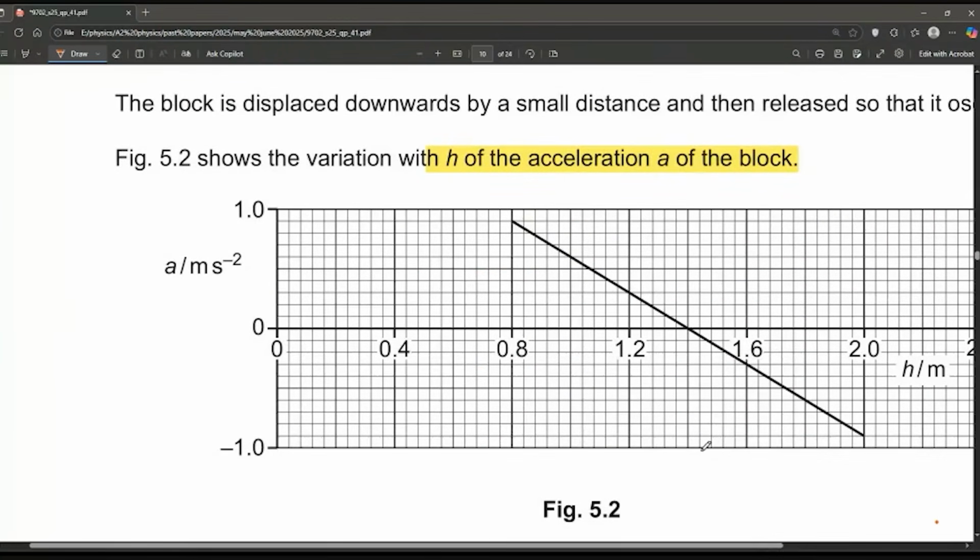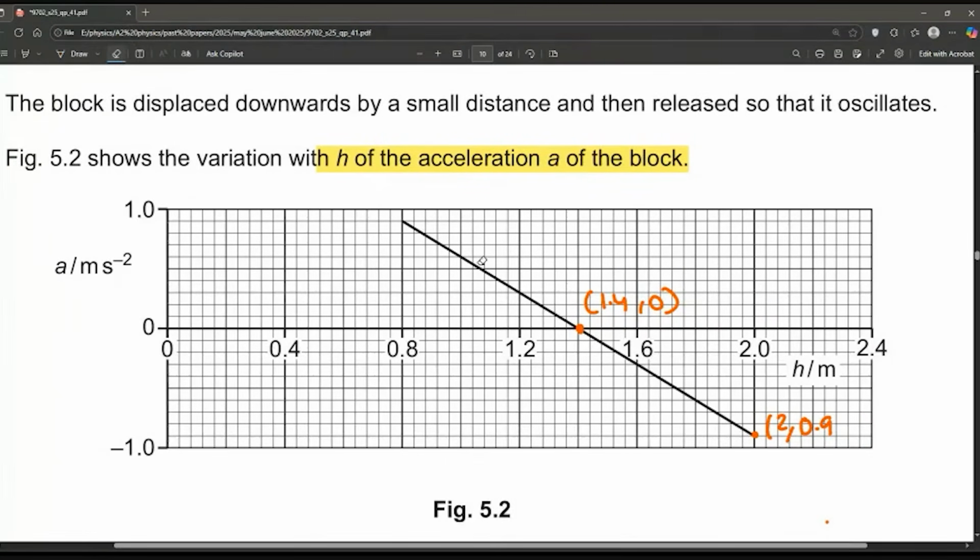Lastly, you can also calculate angular velocity. How? Let's calculate the gradient. Let's say this is 1 point, x axis 1.4, y axis 0. Let's say this is your second point, x axis 2, y axis negative 0.9.